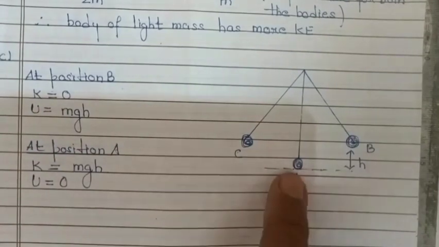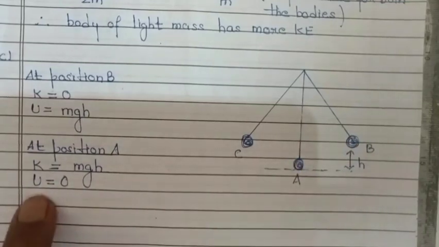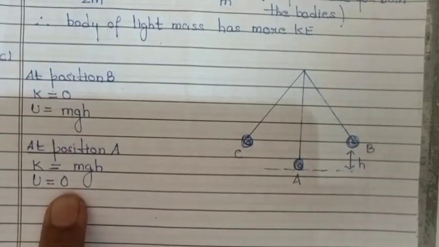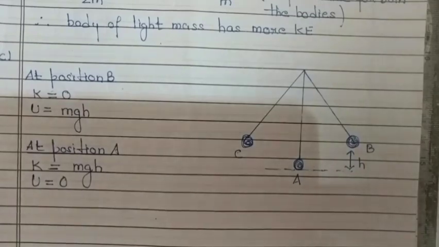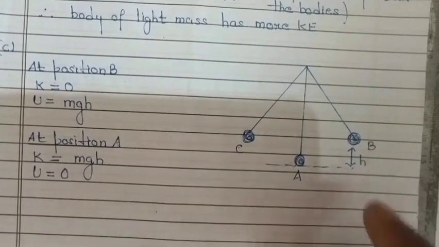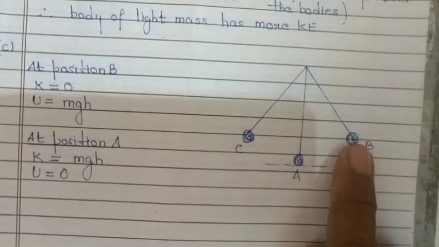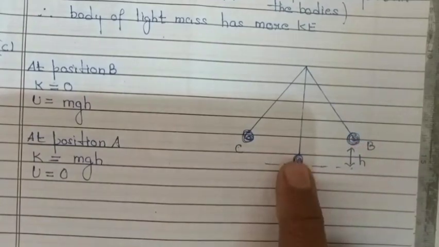Now when it moves towards A, it loses all its height, height becomes 0, so potential energy becomes 0, but it will have only kinetic energy. By the law of conservation of energy, whatever the potential energy at this point, the same will be the kinetic energy at the mean position, provided there is no loss of energy because of friction or air resistance.